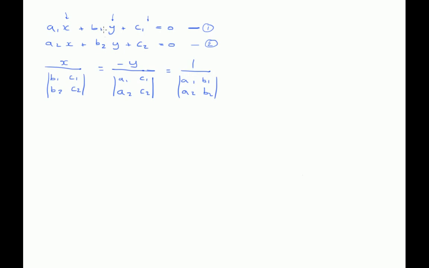We then look at the ones that are related to the y variable, and those coefficients are, again, if we cover up this section of the equations, a1, c1, a2, c2. So a1, c1, a2, c2 appear down here, and this is negative.